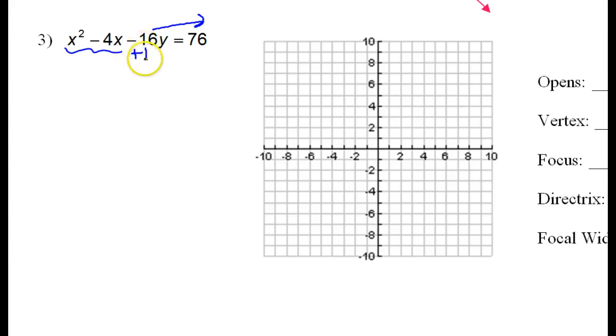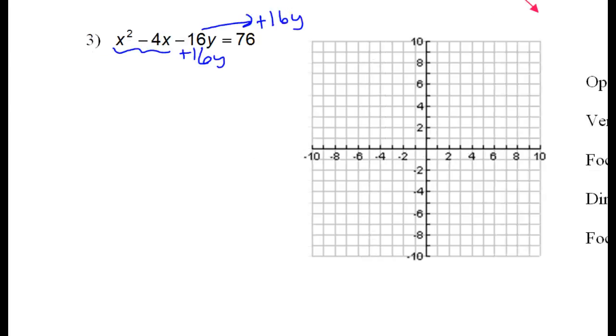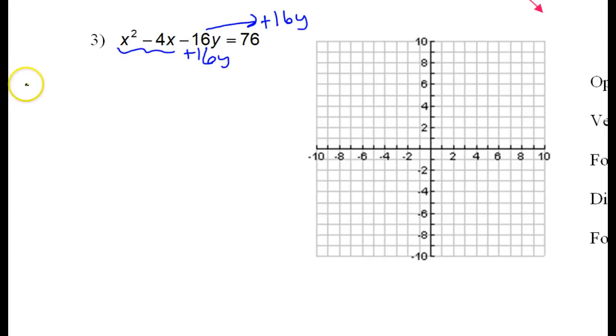So I'm going to do plus 16y on both sides. Okay, so that's going to leave me with x squared minus 4x. Leave a space to complete the square. Then I'll have positive 16y plus 76.